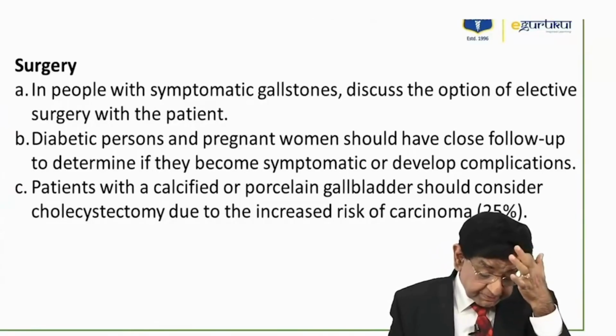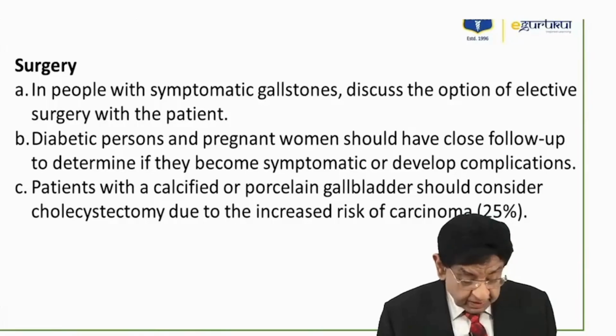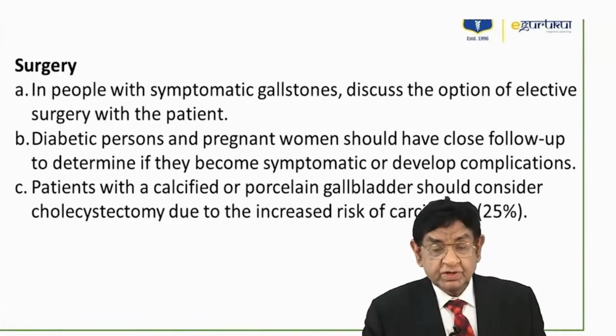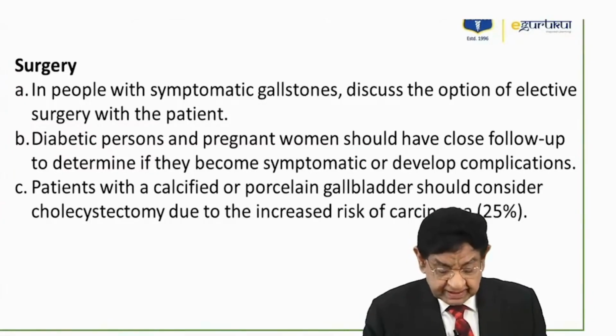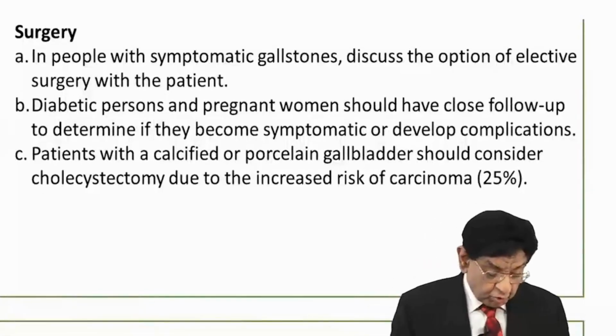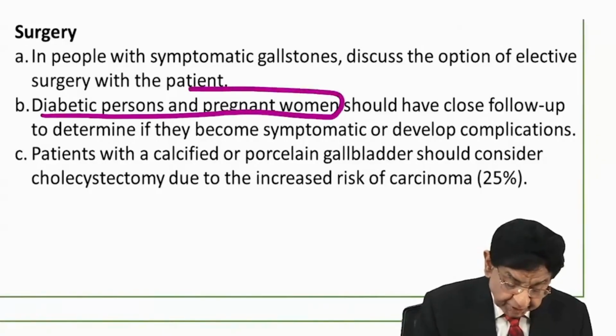If the patient has some symptom, then we can plan for surgery. What and how, I'm going to discuss in a minute only. Especially those diabetic patients and pregnant patients, this is important.